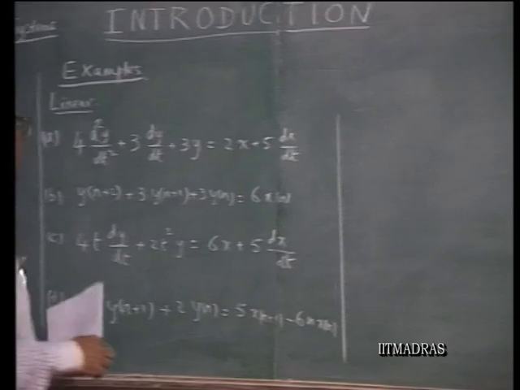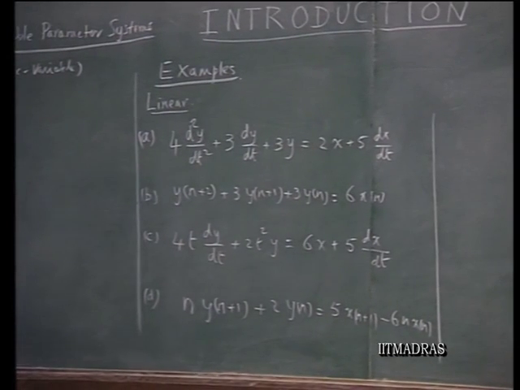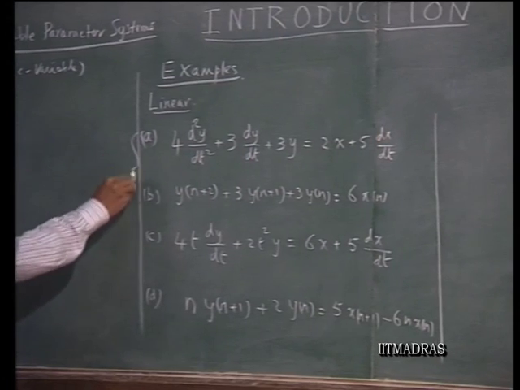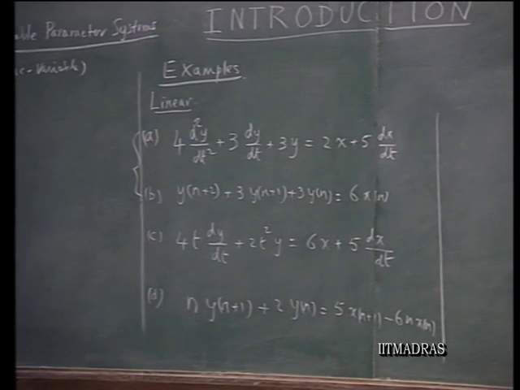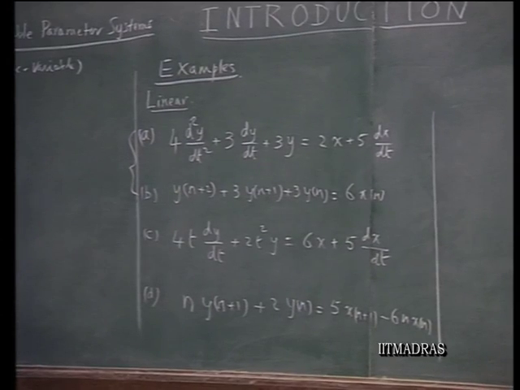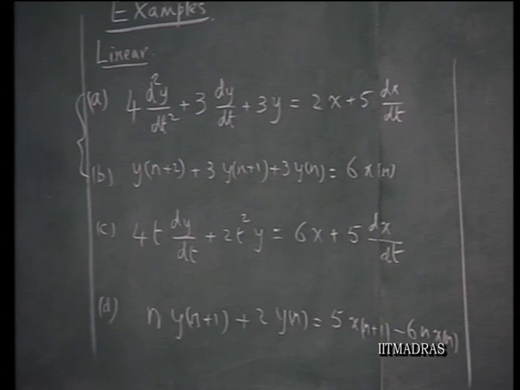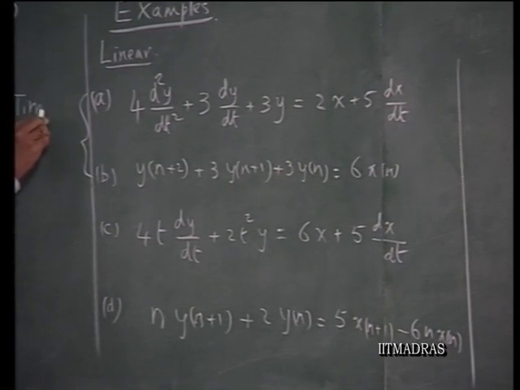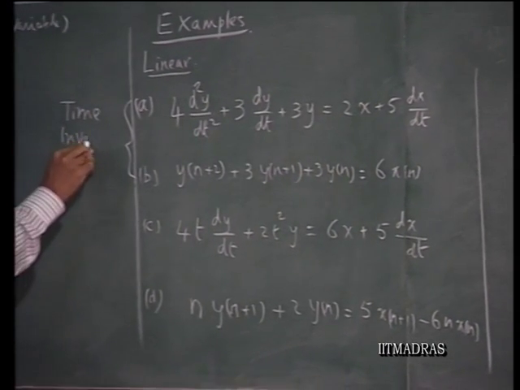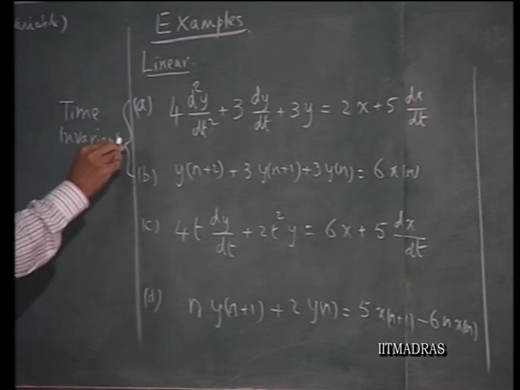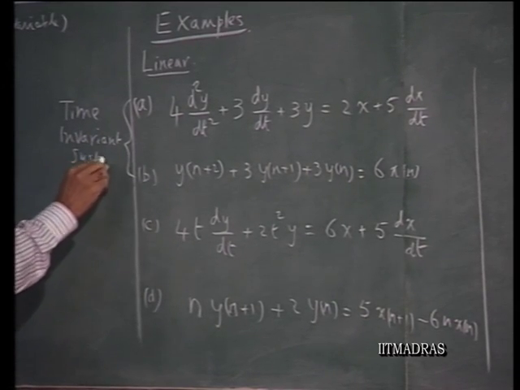So if you look at these four equations here, A and B have the derivative terms with constant coefficients, and this is characteristic of a time invariant system, or a constant parameter system.